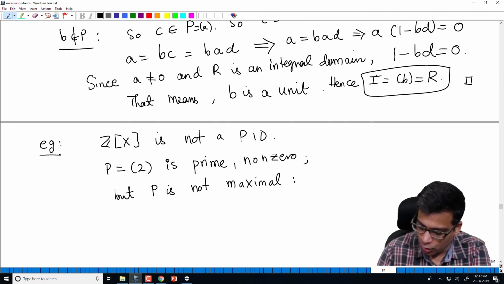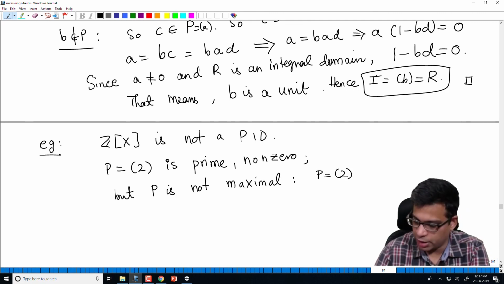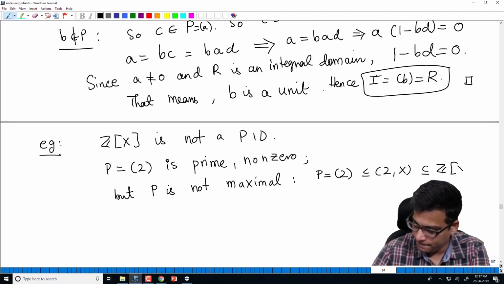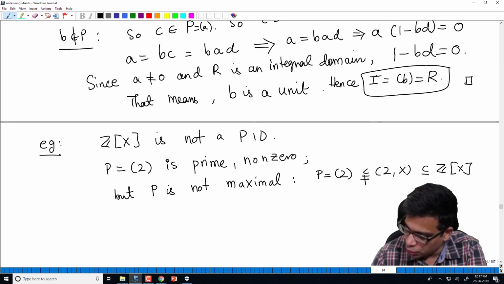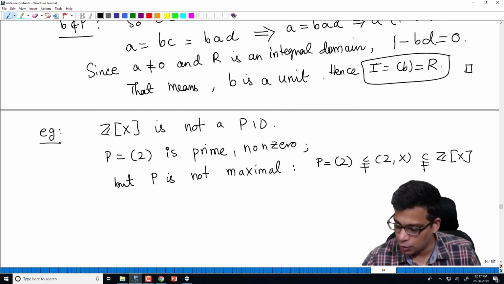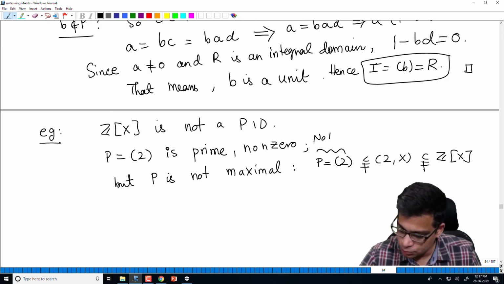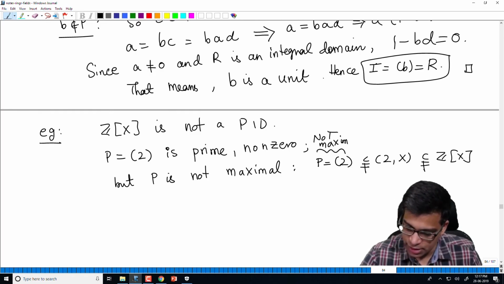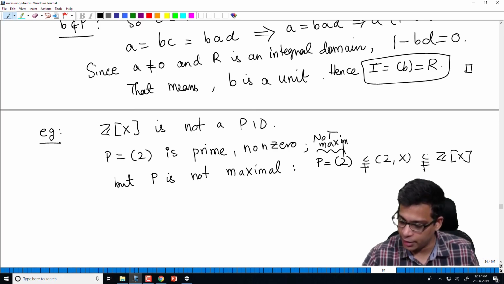Because P, which is generated by 2, is contained in the ideal generated by 2 and x. So this is not equal to P and this is not equal to Zx. So again, P is not maximal, because it's contained in a proper bigger ideal.